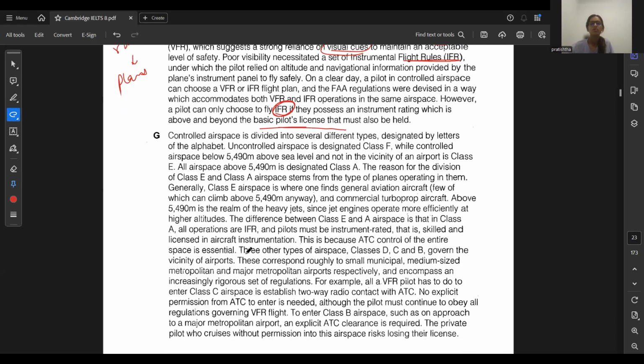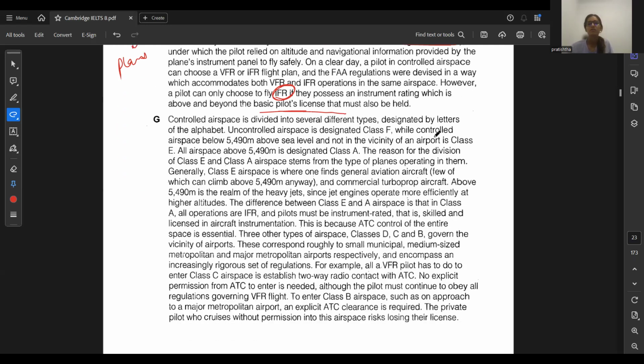Then it's talking about controlled airspace, which is divided into several different types, right? So it's all about controlled space.